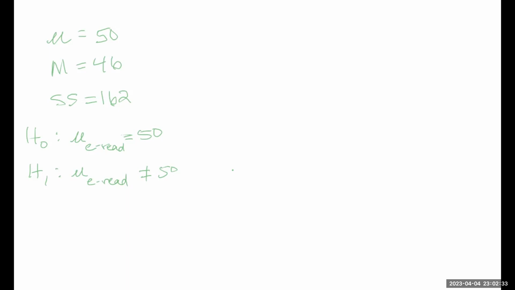Okay, so that was step one. Now we have to do step two, where we find our critical region. We know that our degrees of freedom is n minus 1, which equals 9 minus 1 equals 8.